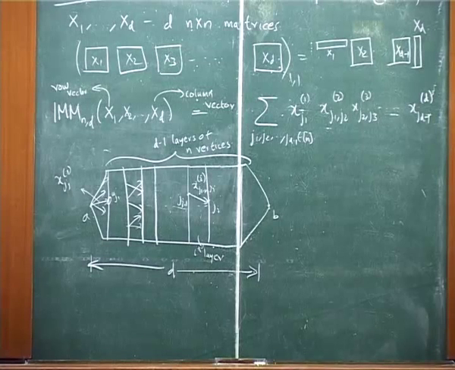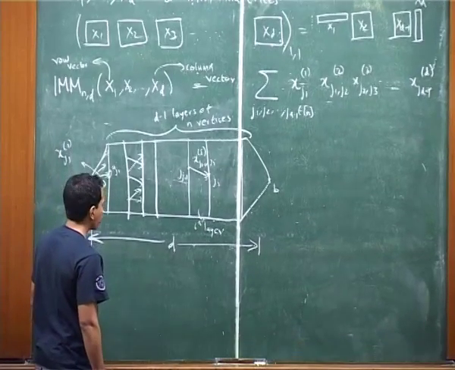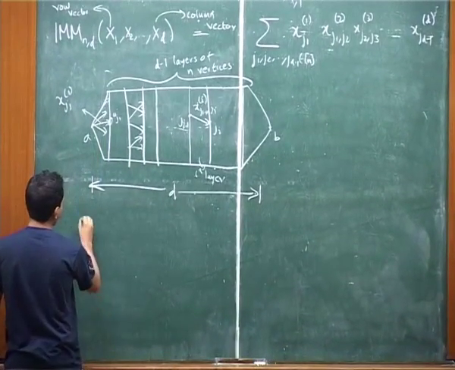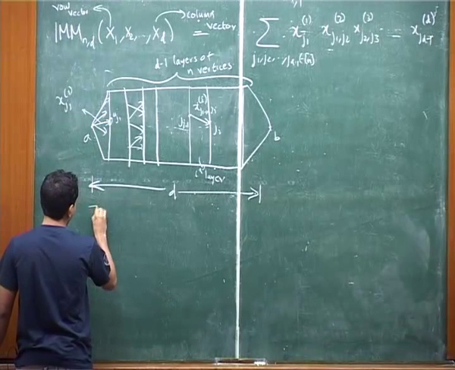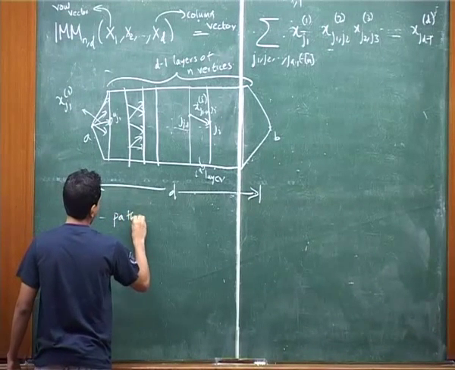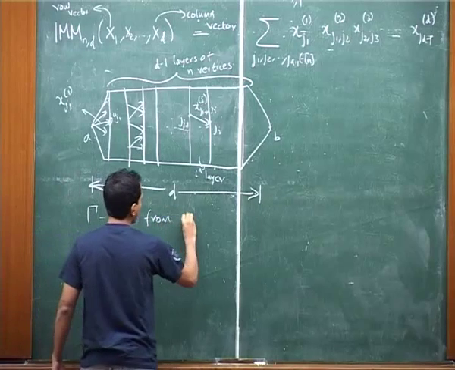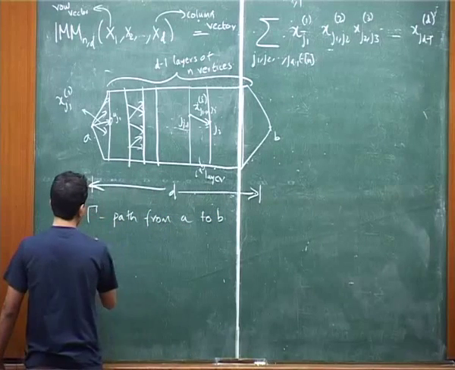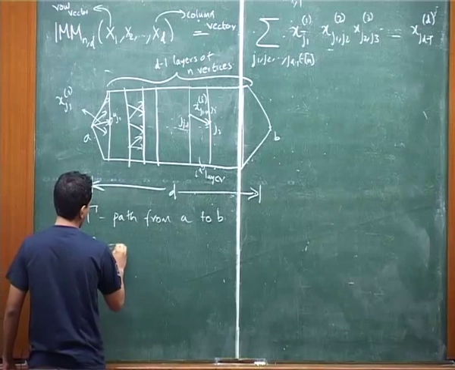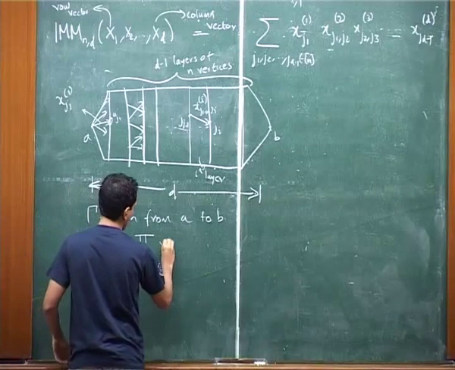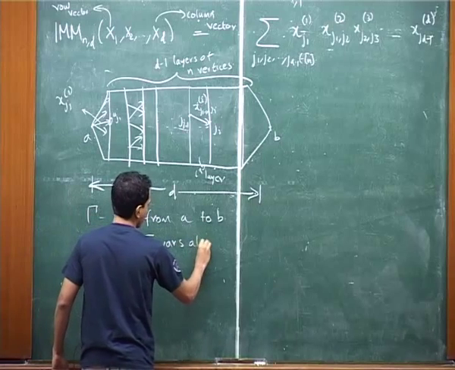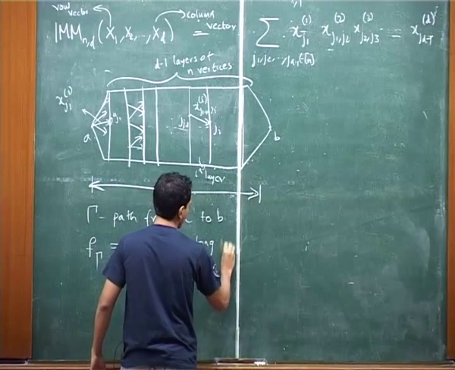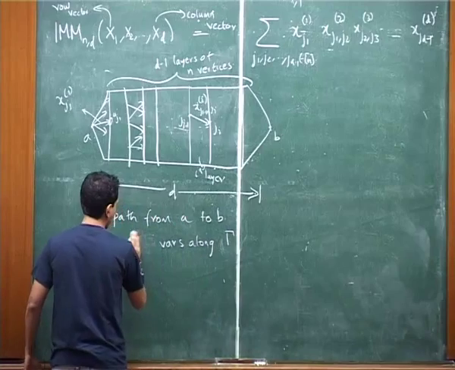Let's just verify that this ABP computes the polynomial we've written down. Recall the definition of the polynomial computed by this ABP. I take all paths gamma, where gamma is a path from A to B, and I compute f gamma, which is the product of all the variables that you encounter along gamma.